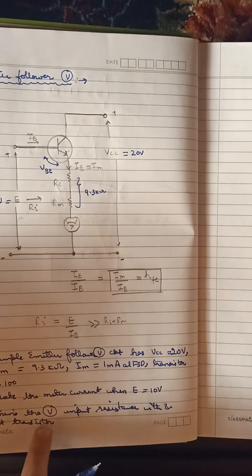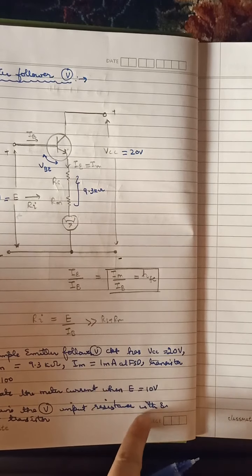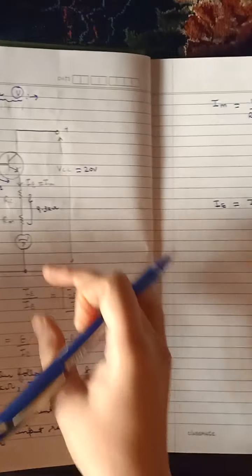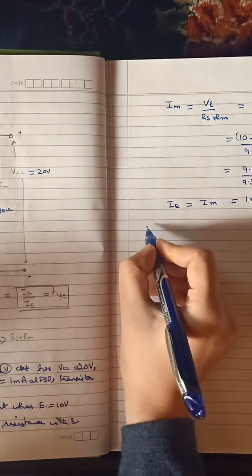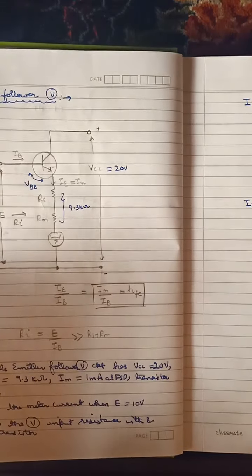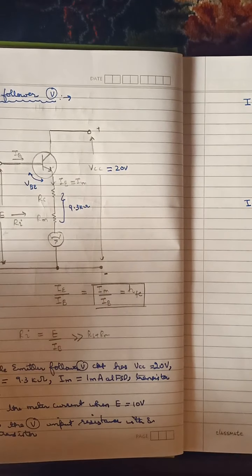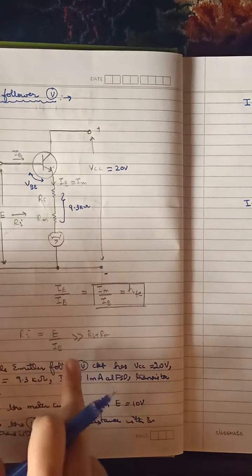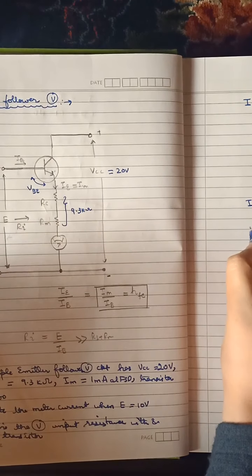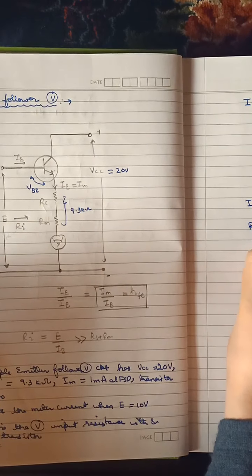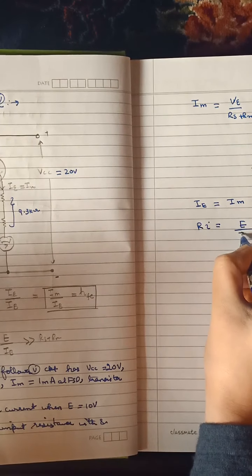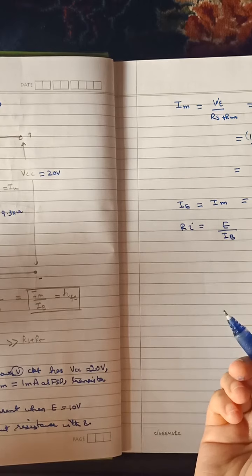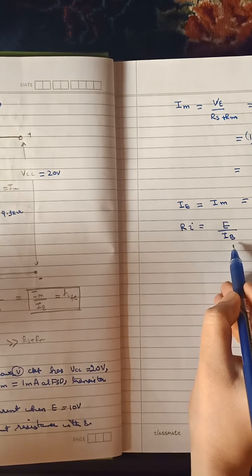Next, we have to determine the voltmeter input resistance with and without the transistor. Without the transistor, we already know it is 9.3 kilo ohms. With the transistor, the input resistance Ri is equal to E over IB. E we already know is 10 volts, and IB we have to find out.